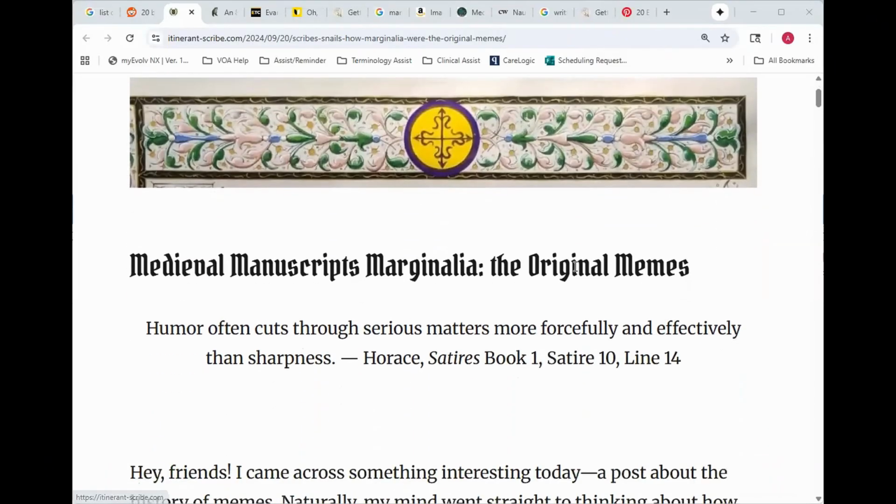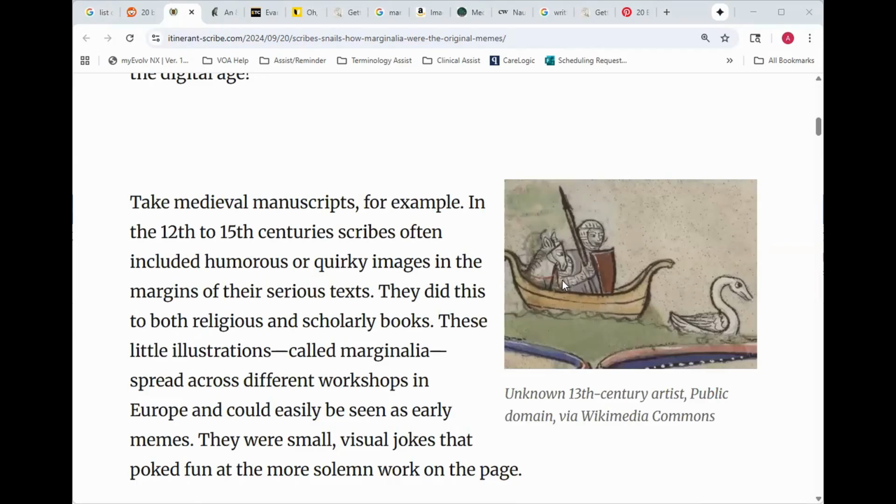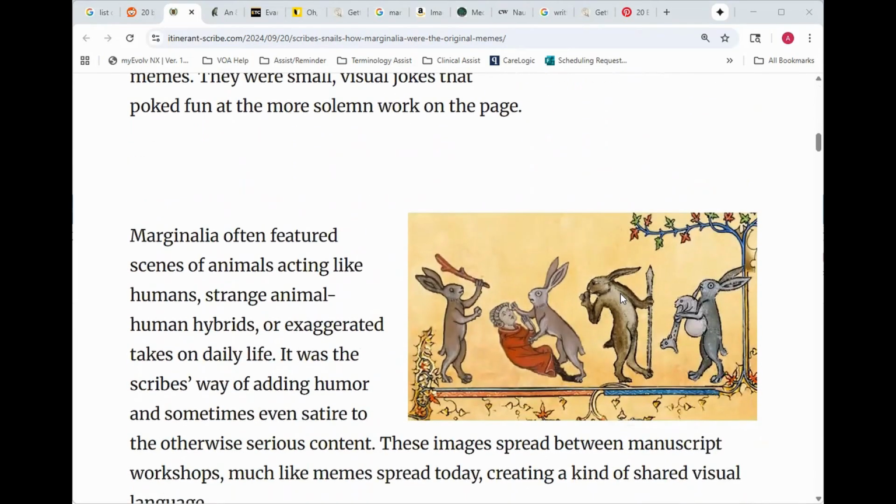So when we are looking here, we've got some images like a guy in a boat, and then coming down to rabbits. The reason I'm using this as an example is because this one has collected some of the most common tropes.